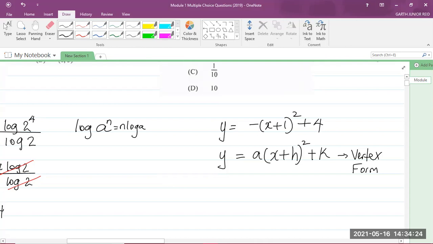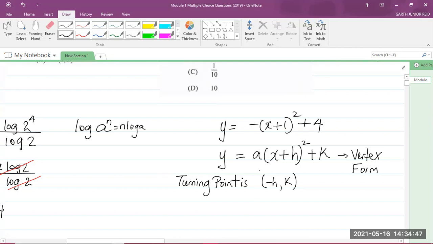So what we have here is really a quadratic expression. And if you have something written in that form, then the turning point is negative h comma k.